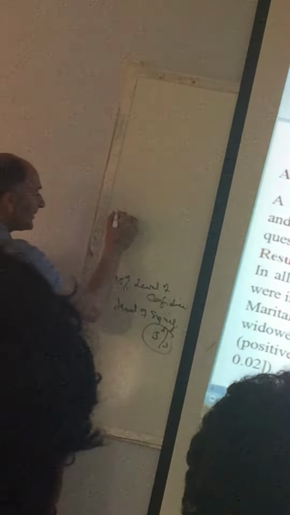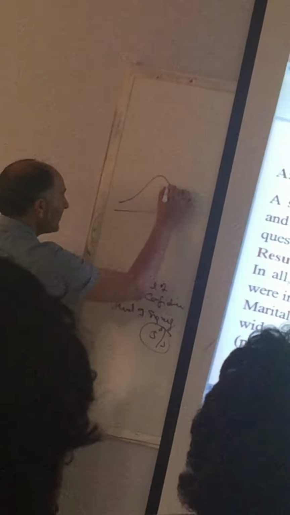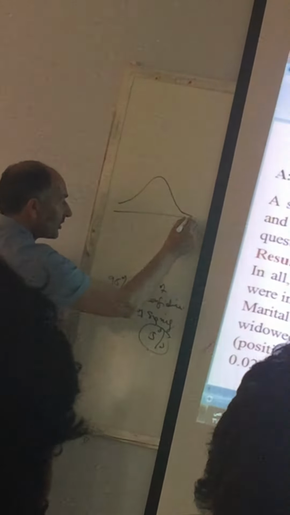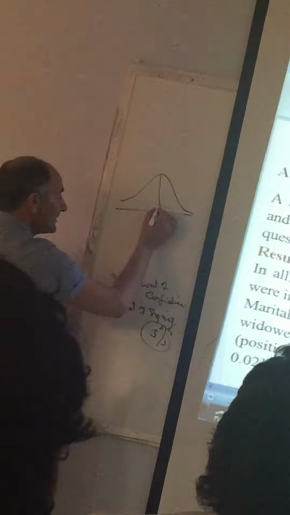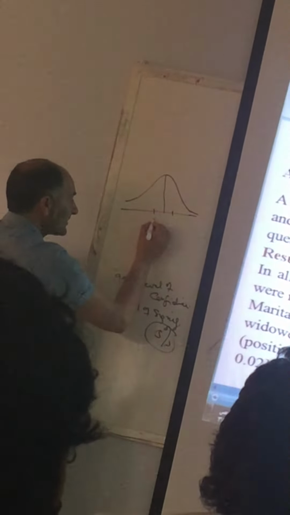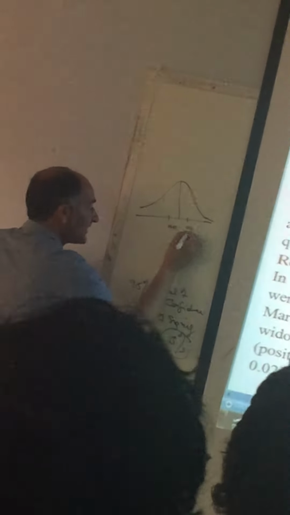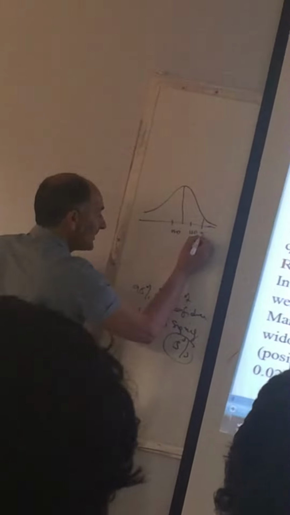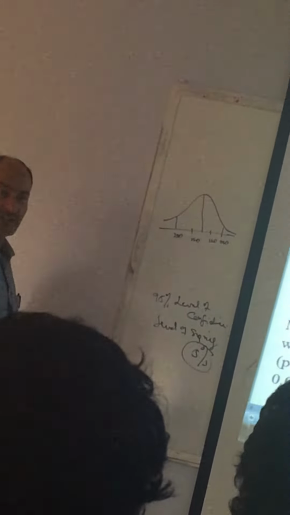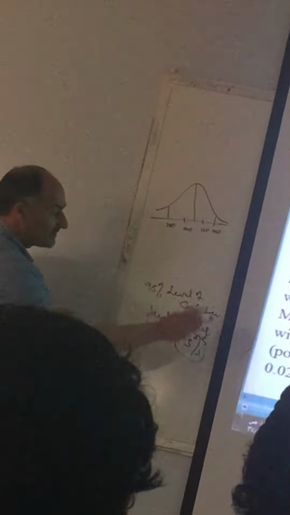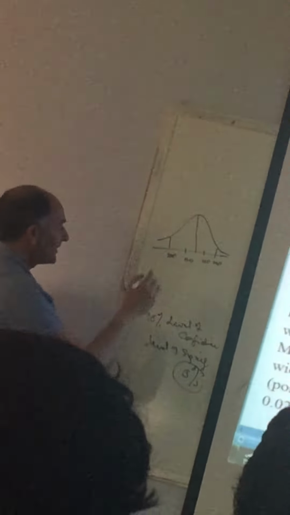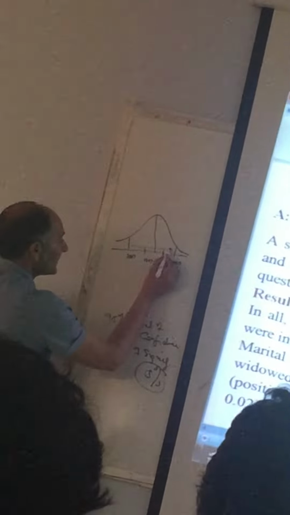So when you develop this, it is called a normal distribution. This is the mean. This is 1 standard deviation on either side. This is 2 standard deviations. When you say 95%, the values which you will get will fall somewhere here.